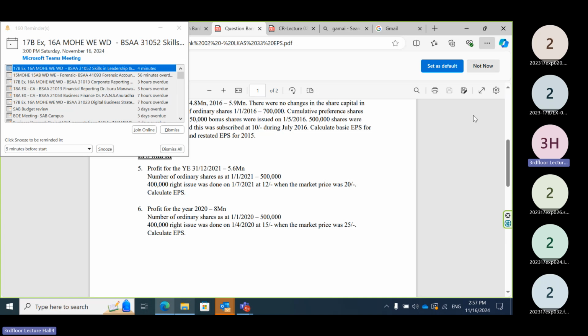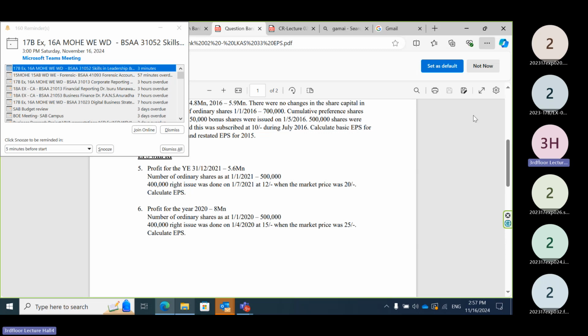Third one, a bonus share issue was done in 2023. It is not relevant for the 2022 year. Preference shares issued on 31st December 2022, 500. Debentures issued, 300. Note: management has decided to do a right issue in 2024. Preference shares are entitled to 50% dividend per share.